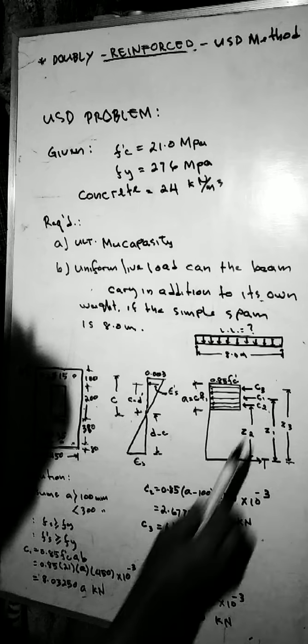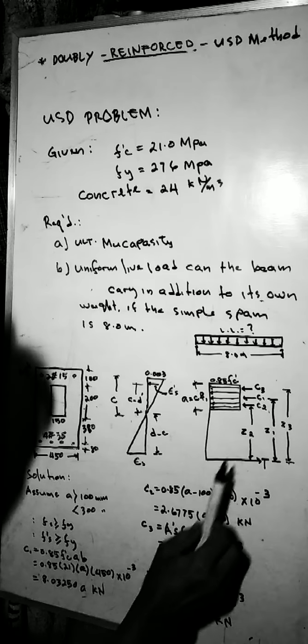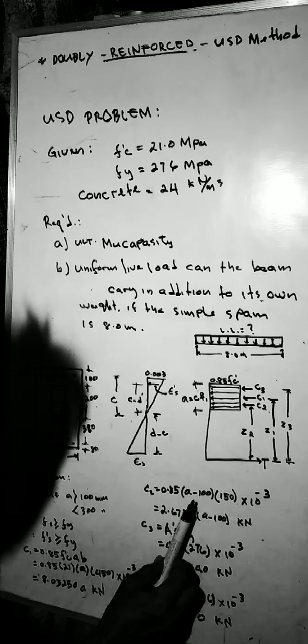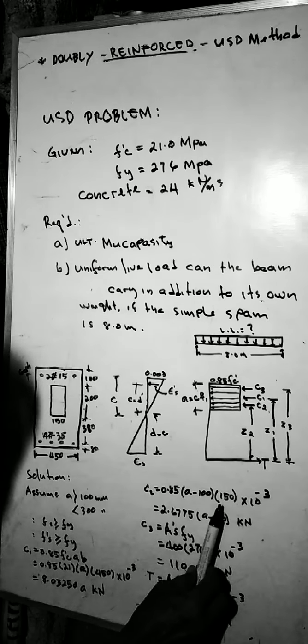Then we will solve C2. The equation for C2 is 0.85 times (a minus 100) times 150.